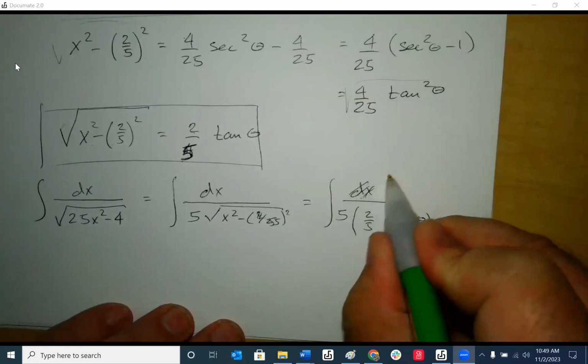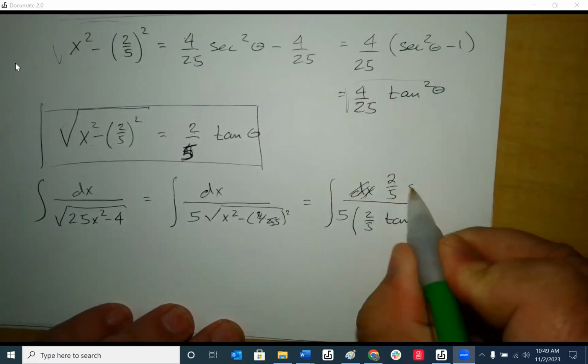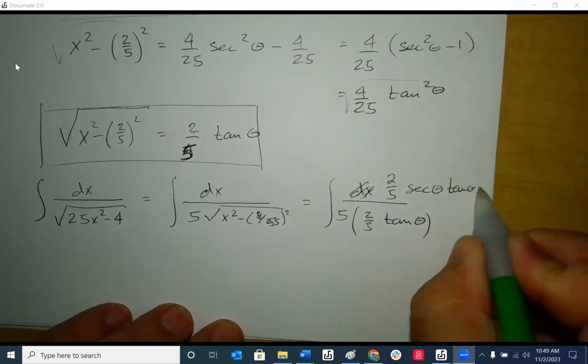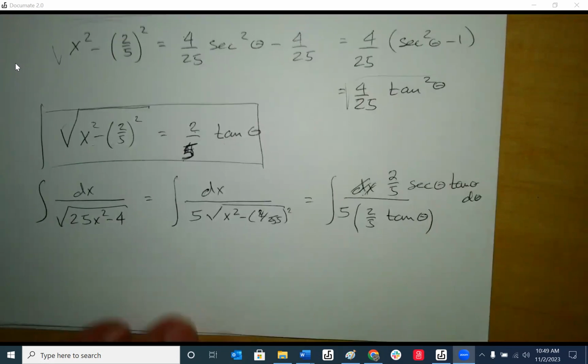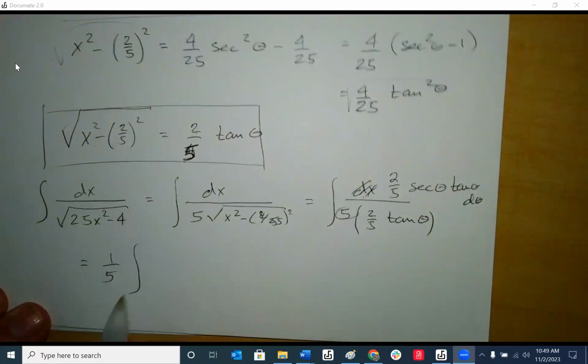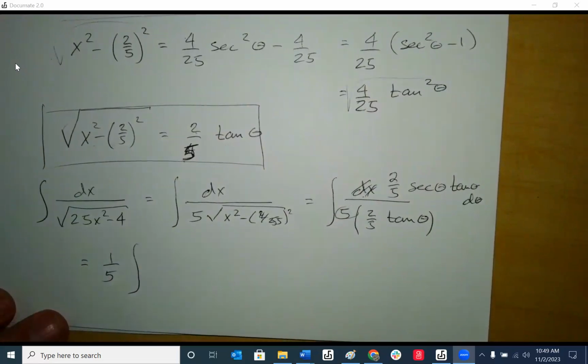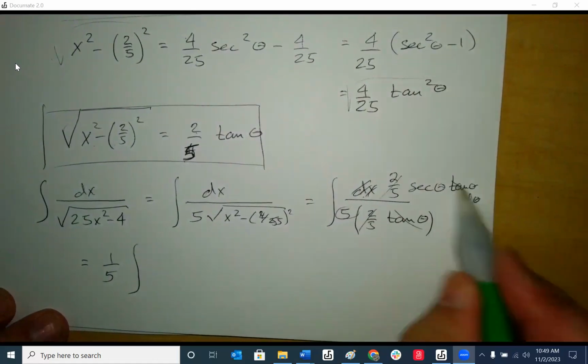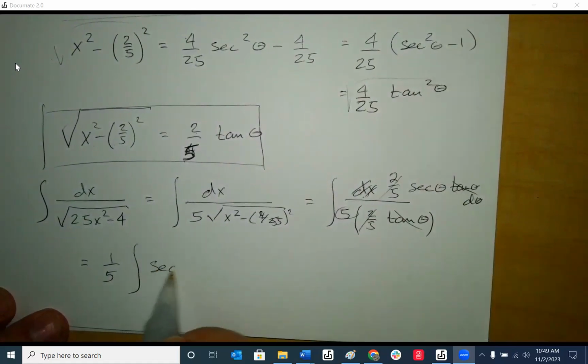So that becomes 2/5 secant theta tangent theta d theta. This can go out in front, so it's 1/5. The 2/5s cancel, the tangents cancel, so we have secant theta d theta.